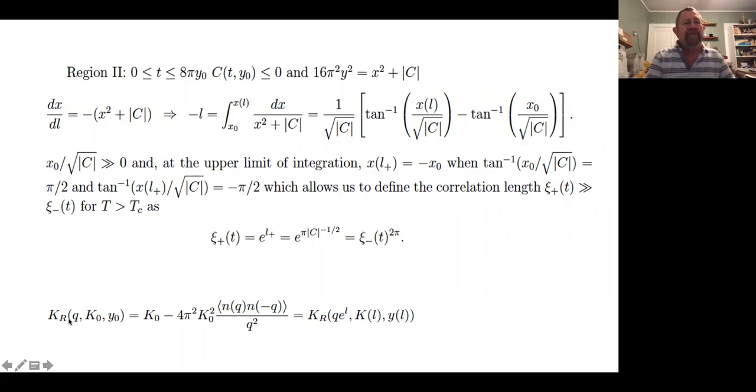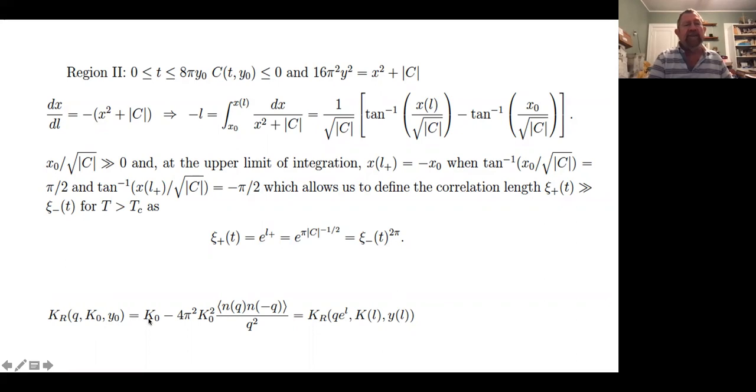And so then this allows us to define the stiffness constant. Now remember, the stiffness constant we defined before was a function of the interaction constant K naught and the fugacity. But that's a bit difficult if we're above TC. So let's introduce it as a function of Q, which is just the Fourier variable.